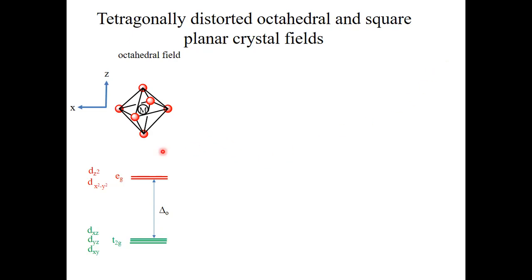Let's start again out from the ideal octahedral crystal field. So in the ideal octahedral crystal field, we have our T2g orbitals and our Eg orbitals that have an energy difference of delta O in between them. So now let us distort our octahedron and see how the energies of these orbitals should change.